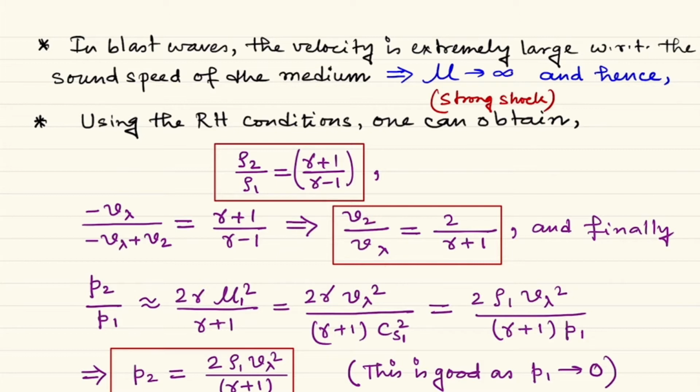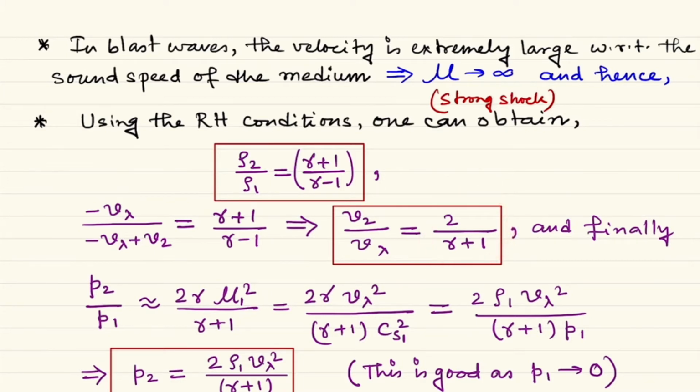Once again, v lambda is nothing but the velocity of the shock front or the blast wave front with respect to the center of explosion, and v2 is the velocity of the matter which is just inside the shock front with respect to the center of explosion, and that's exactly equal to 2 by gamma plus 1.